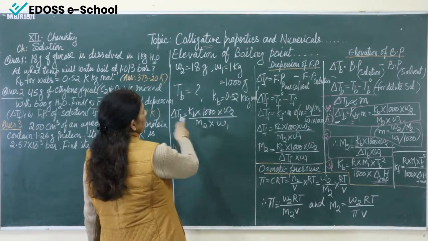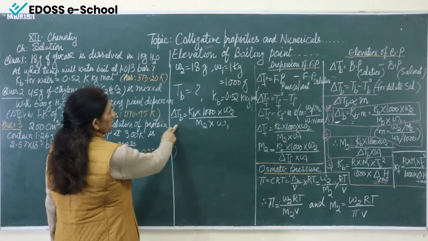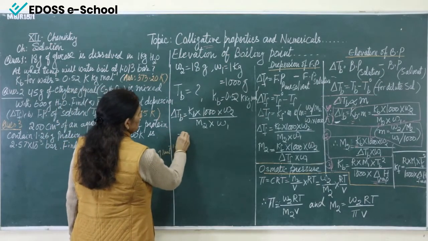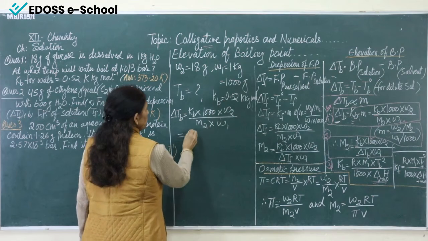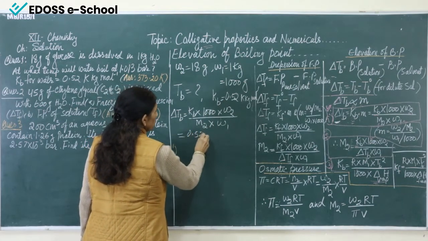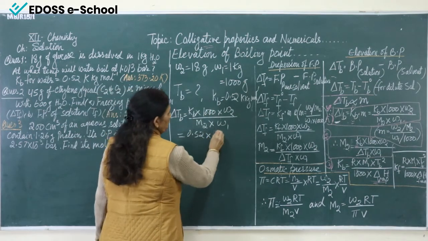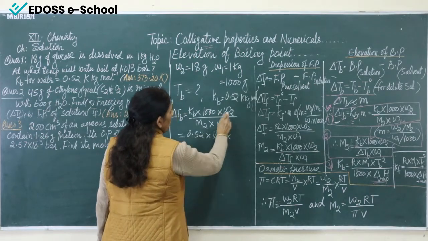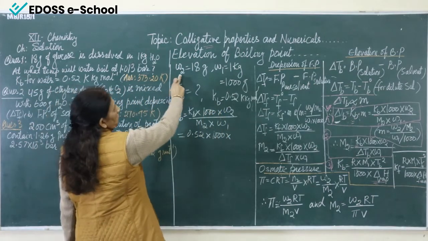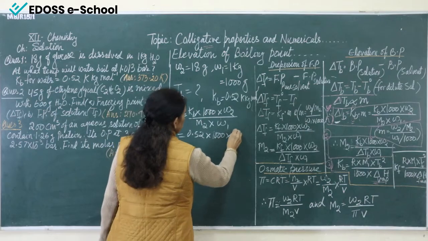Now put the values here. Kb is already given, 0.52, 1000 we will put as it is, and W2 is already given here, this is 18 gram.